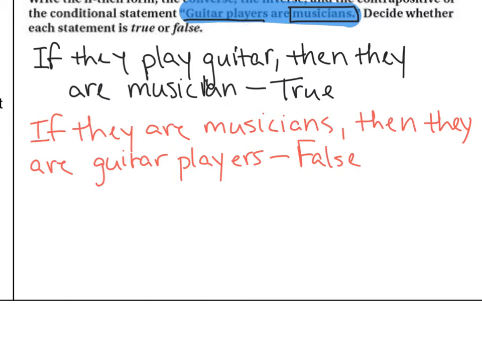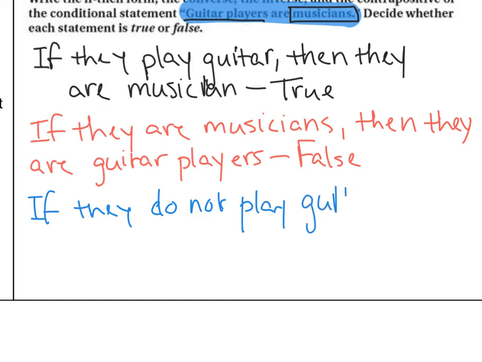And the inverse is just simply when we put a no or some form of no in there, we negate it. So, going back to the original if-then statement: if they do not play guitar, then, apologize, my handwriting is horrible tonight, then they are not musicians.